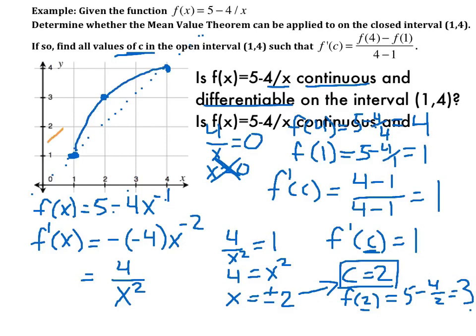And if we look at the tangent line right there, it will also have a slope of 1, just like our secant line did. And then we can see that these guys are parallel right here. So that's determining if we can apply the mean value theorem, and then how to find our value of c, and then what it means graphically.